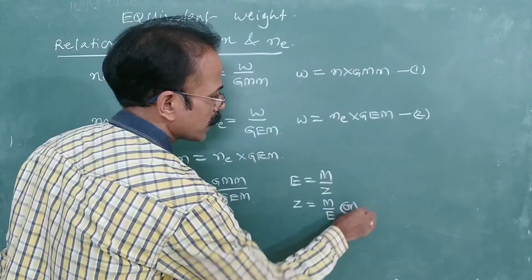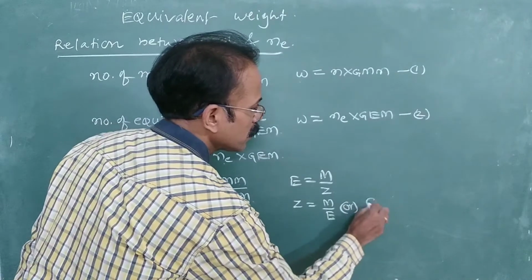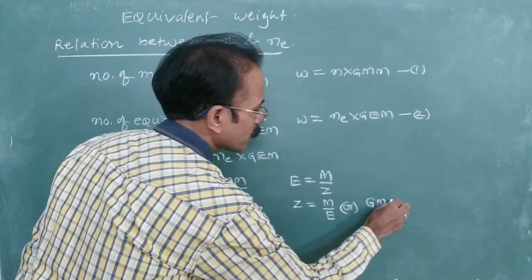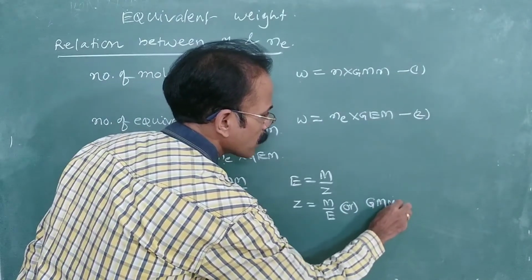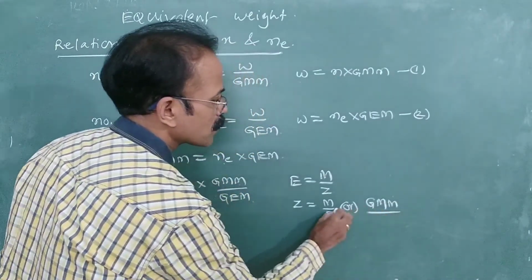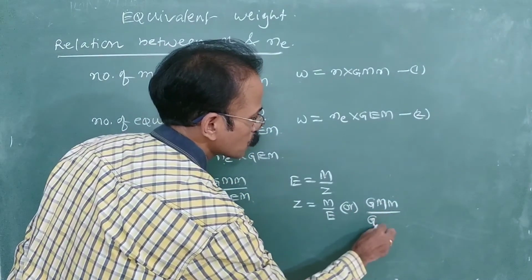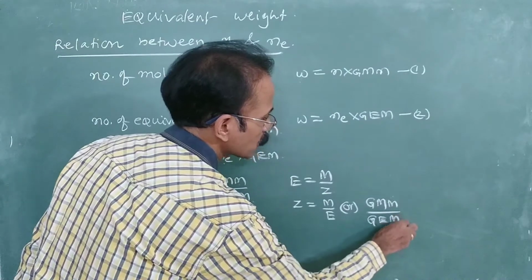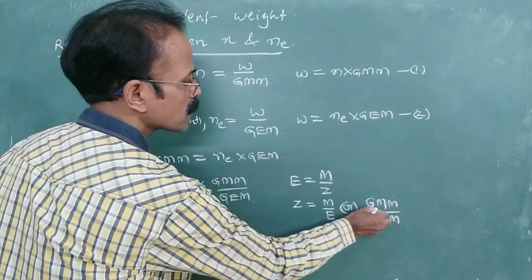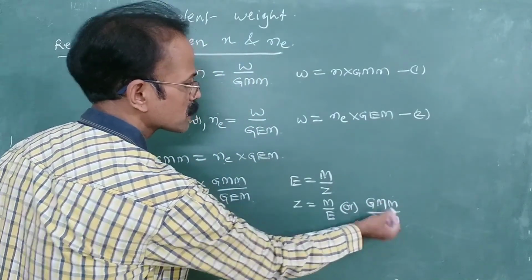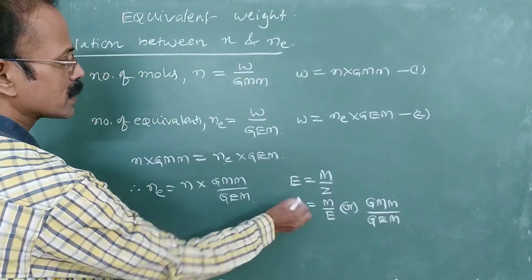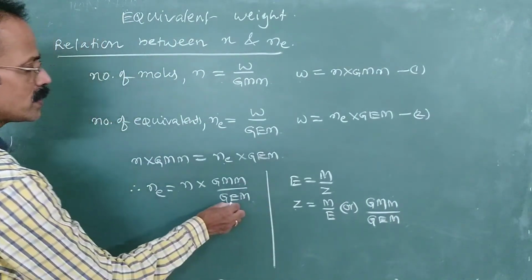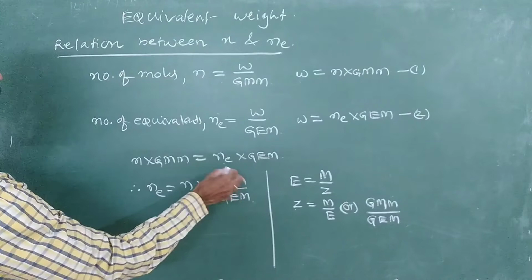Molecular mass can be substituted with gram molar mass, and equivalent mass can be substituted with gram equivalent mass. So gram molar mass to gram equivalent mass ratio is equal to valence factor. Now can we substitute this term with valence factor?